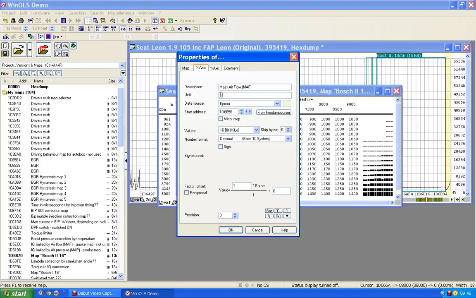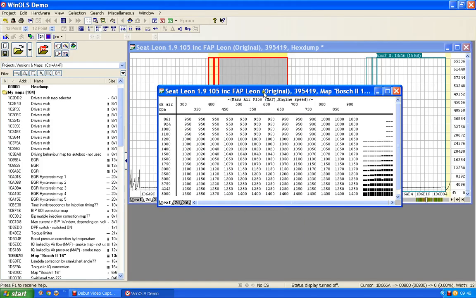That is probably milligrams per stroke, and I'll just put air next to it to remind myself. And it's probably 0.1 because we want this to read up to 900. Won't worry about a decimal point because I don't think anyone's going to care whether that reads 900 or 900.5. So, and it doesn't anyway, so I'll accept that.